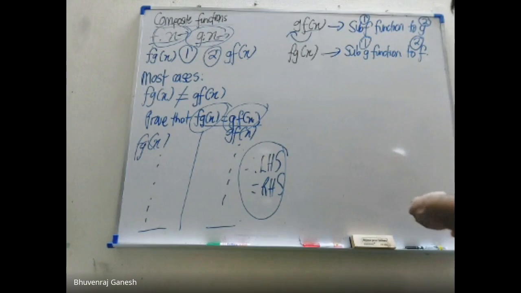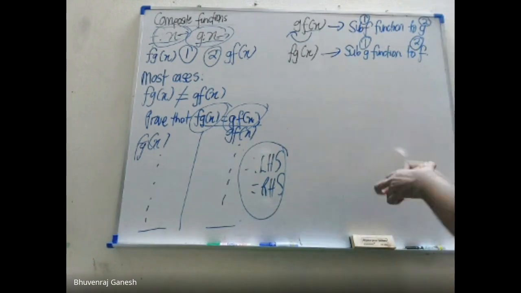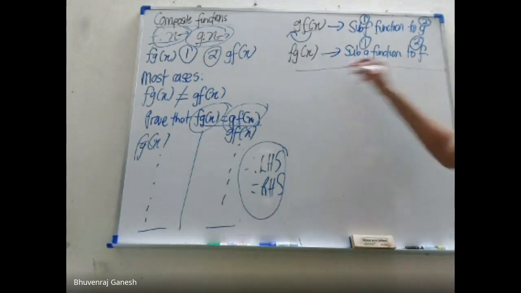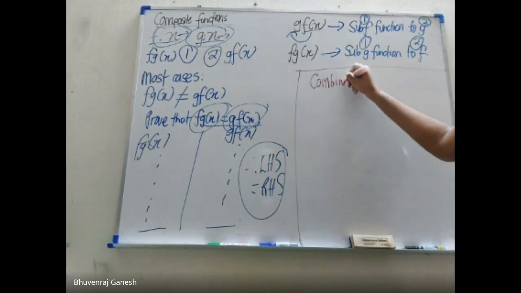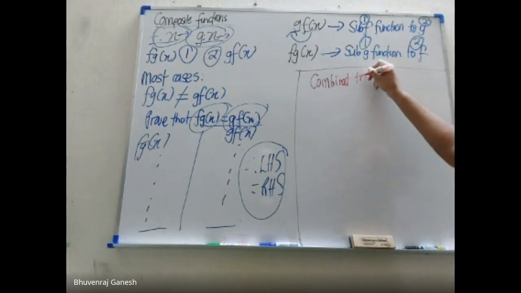One way to see why it comes like this is from a separate section, not related to NMATs, but in mind we call it combined transformations.